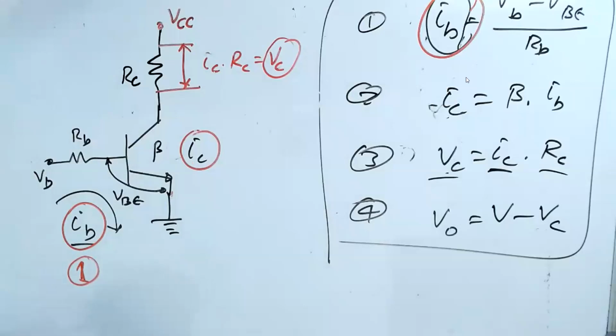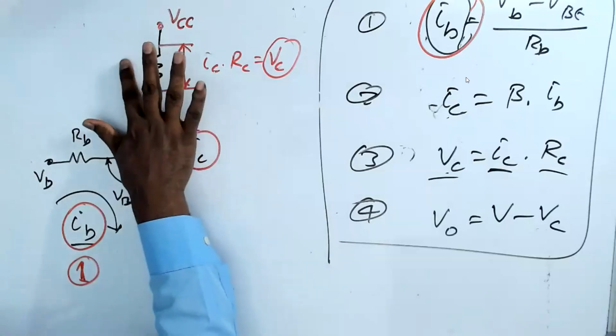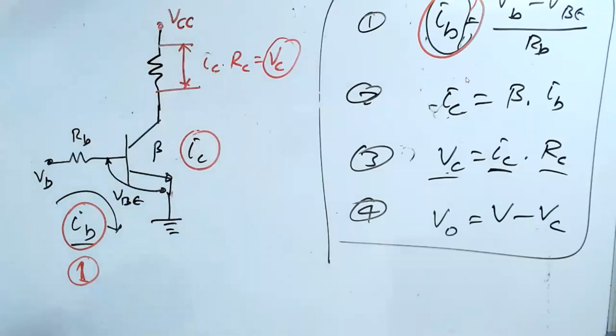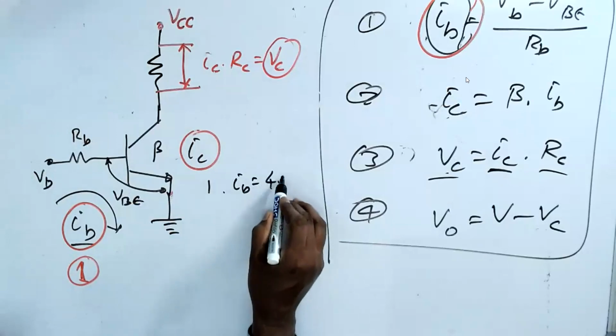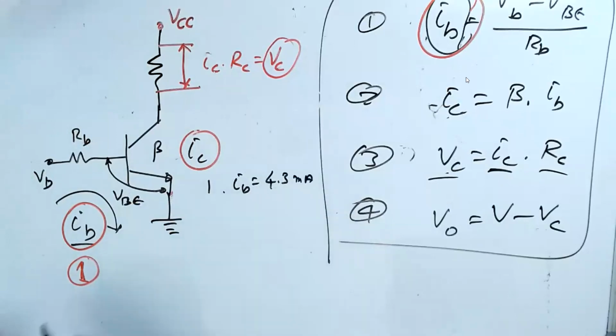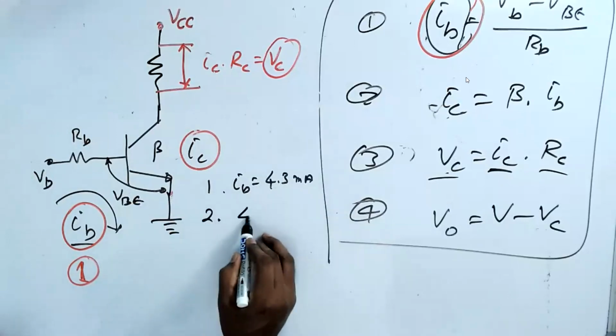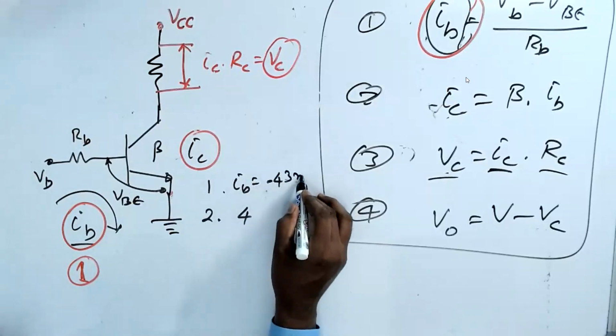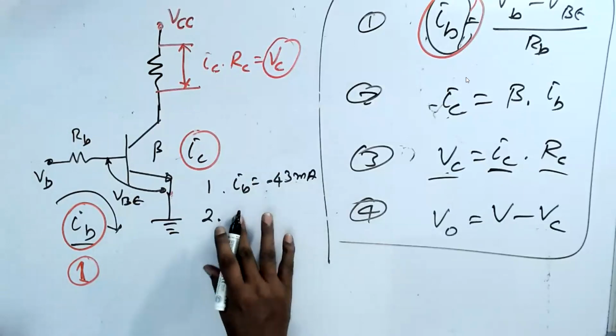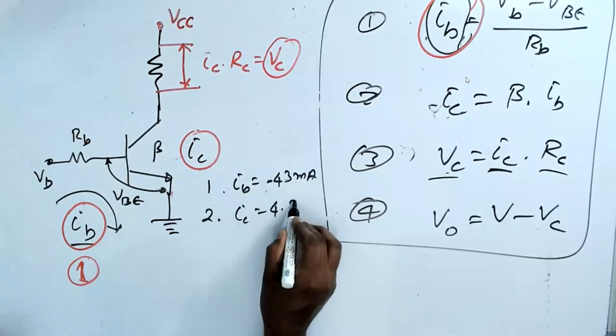Now I do a small change here. The same circuit. We did a calculation. First, we found IB. It's equal to 0.43 milliampere. Then we calculate IC, which is equal to 4.3 milliampere.